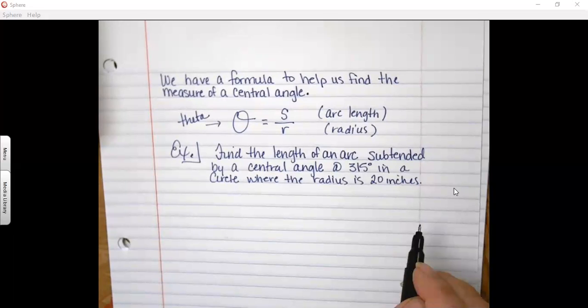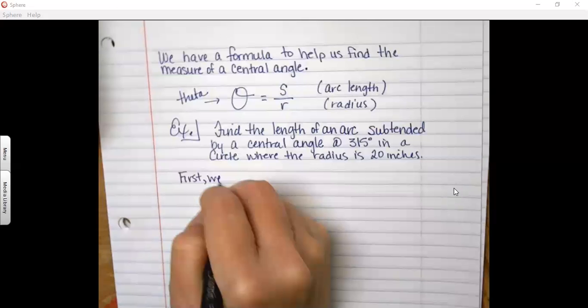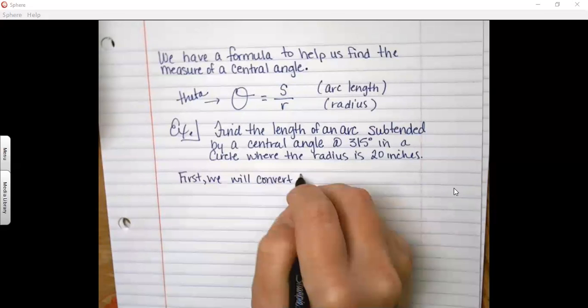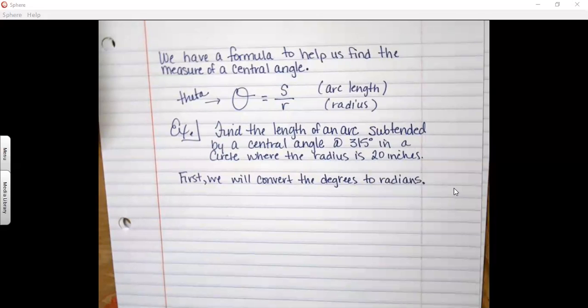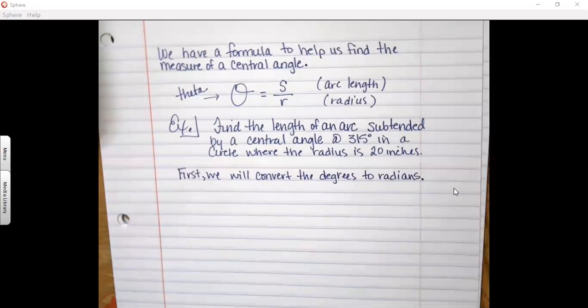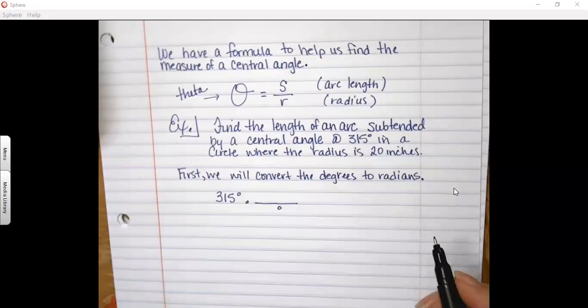So to do that, we take our degrees, and since degrees are in the numerator, we put degrees in the denominator and radians in the numerator. So in the denominator, I'll have 180 degrees, which is equivalent to pi radians.